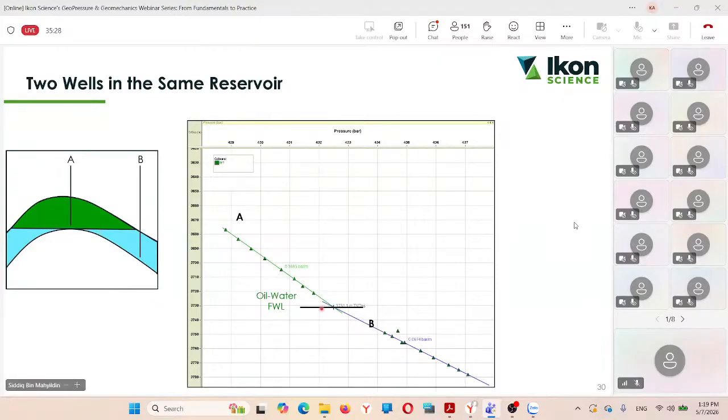That is the kind of interpretation that you could make. So if you have one well far from another, and you try to understand whether this reservoir is connected, having this well data would be quite useful so that you can see if it's connected or compartmentalized. We're going to take a look at the example of compartmentalization later.